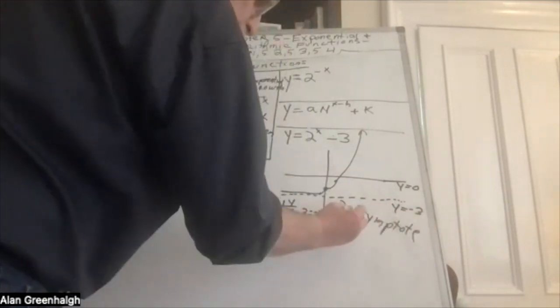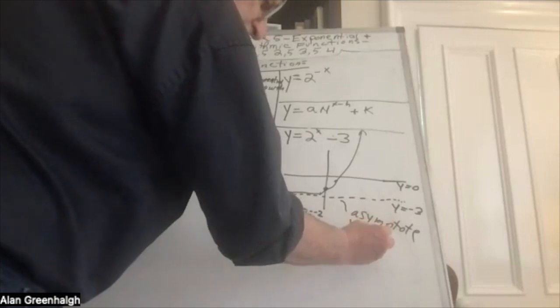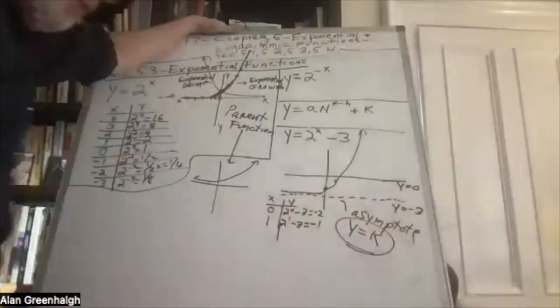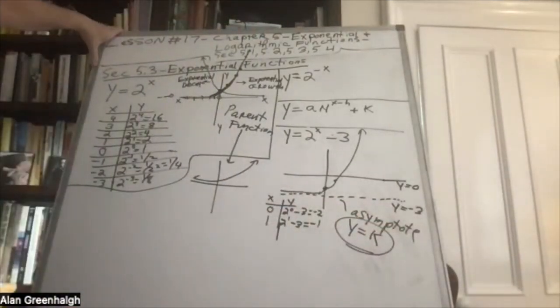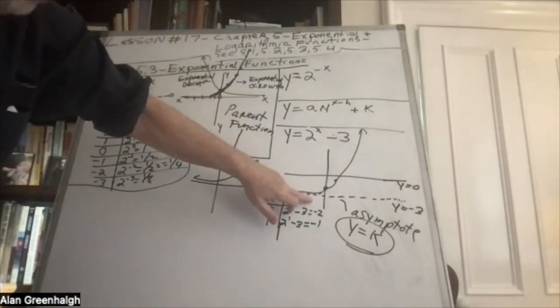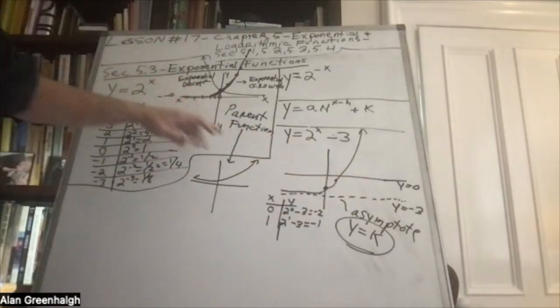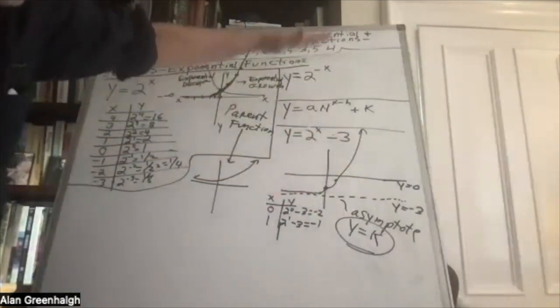And the asymptote will be, as we might have expected, y equals k, as it always is. In this case, the asymptote was y equals -3. In the original case, it was y equals 0. So we can move this thing up and down.